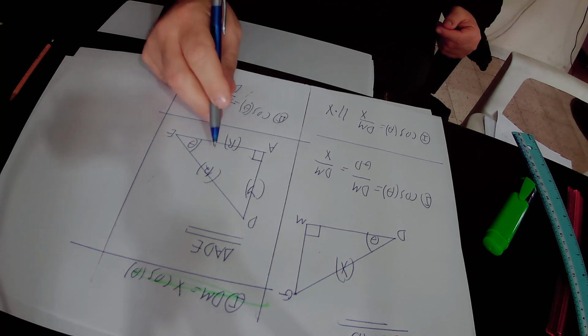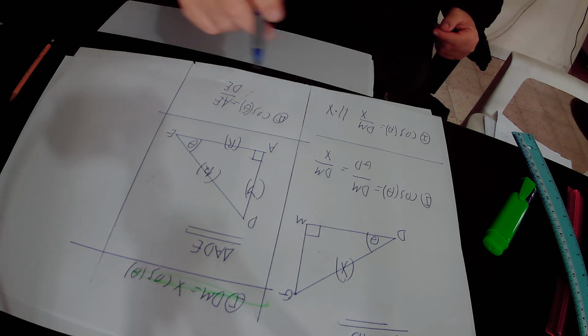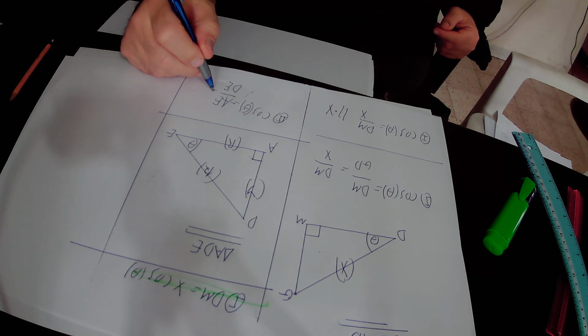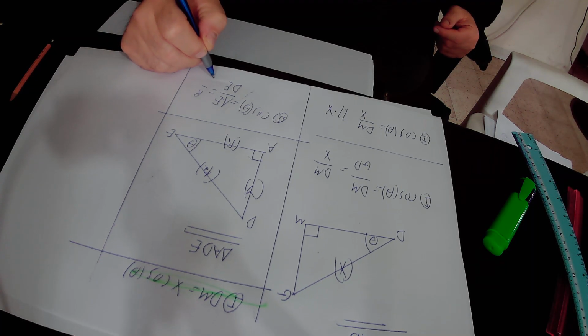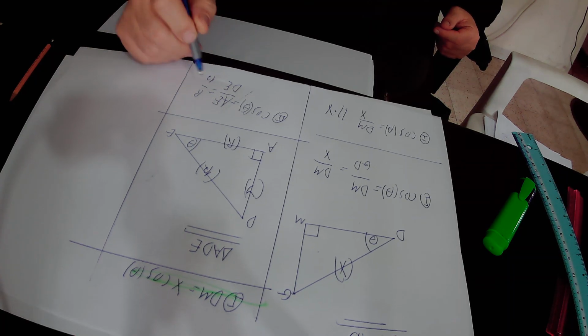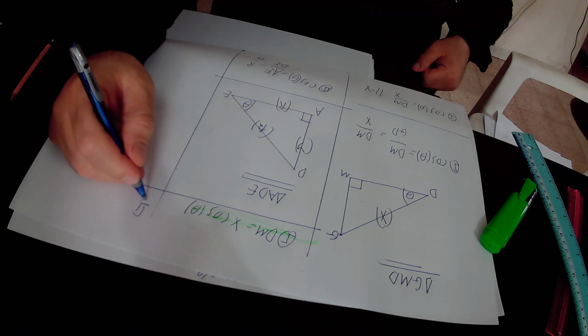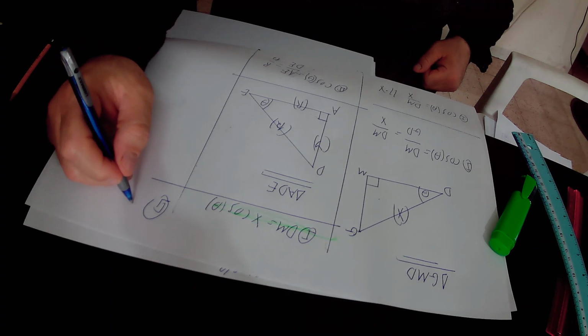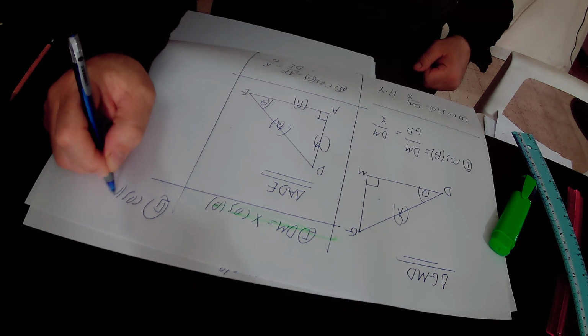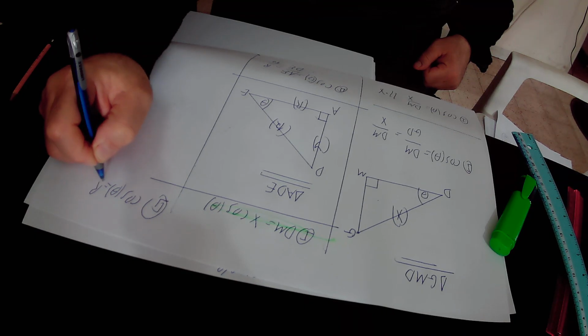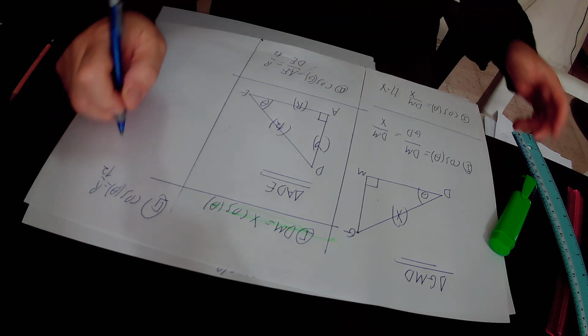Again, in the right triangle ADE, cosine theta equals AE over DE. AE is R and DE is 12. So in total, according to equation 2, we found out that cosine theta equals R over 12.